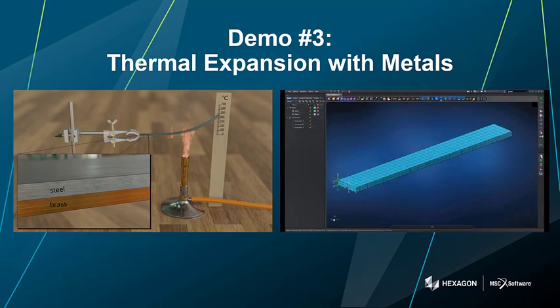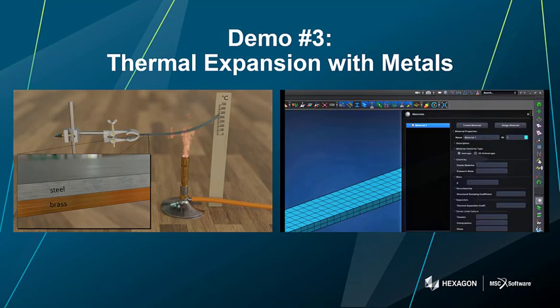So in this demo, like we talked about before, we're going to look at a thermal expansion, which works with both the internal solver as well as the external solver, MSC Nastran, and it works exactly the same no matter which solver you're using. Okay. So it also works for both metals and composites.